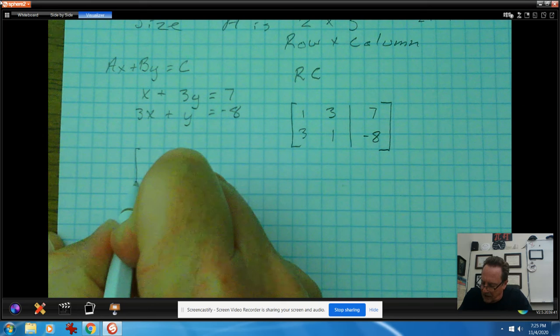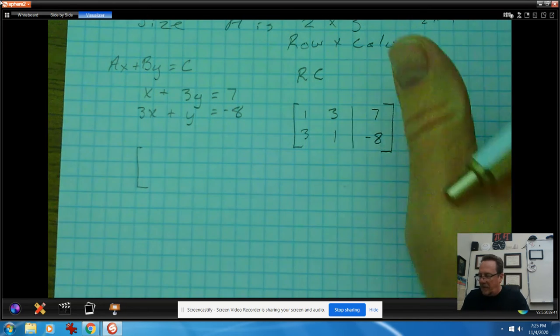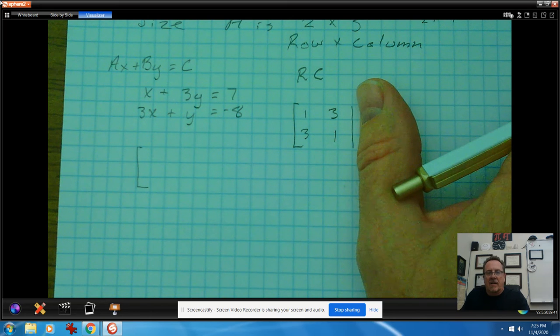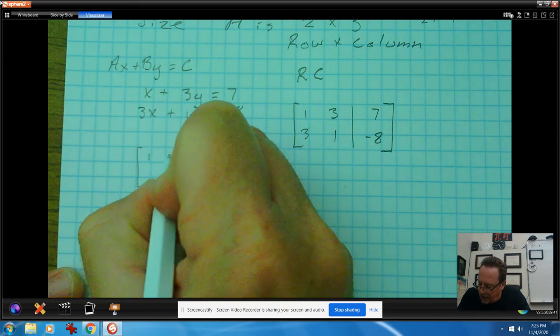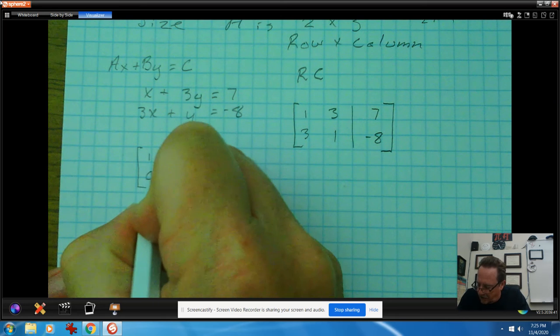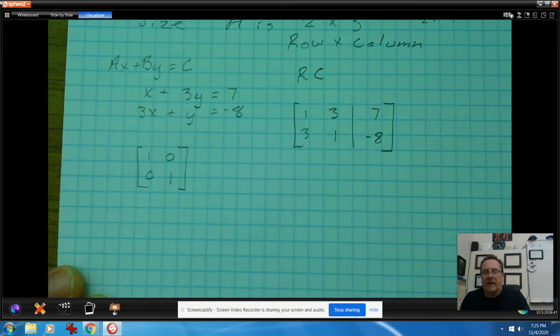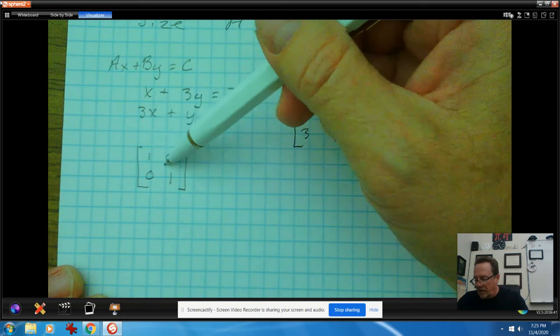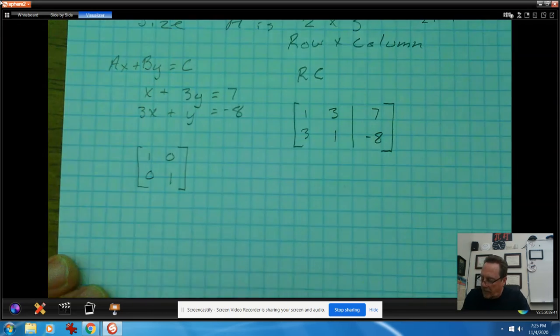For any matrix, if I just look at the left-hand side here, it's just a 2x2 matrix, right? It's got 2 rows and 2 columns. And so if I were to look at what's called the identity matrix for a 2x2 matrix, it would look like this, where you have 1s on what's called the main diagonal, and everywhere else you have a 0.